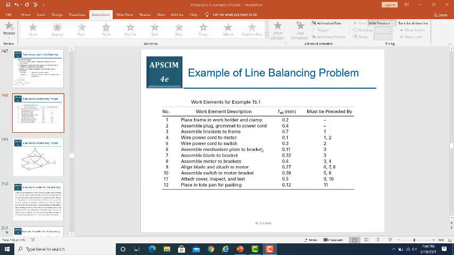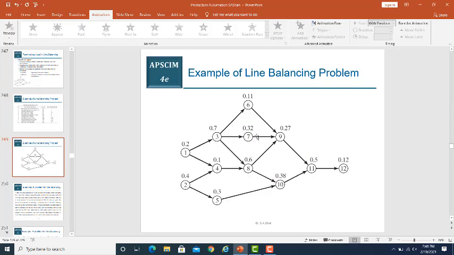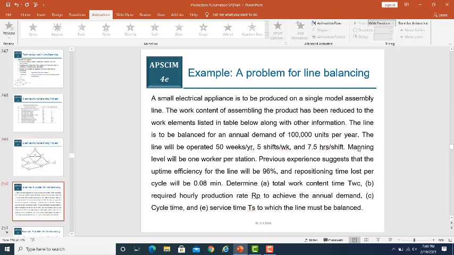From this table, you will generate the precedence diagram, which shows the graphical representation of those work elements. Work elements means those operations, and the sequence in which those operations must be performed.